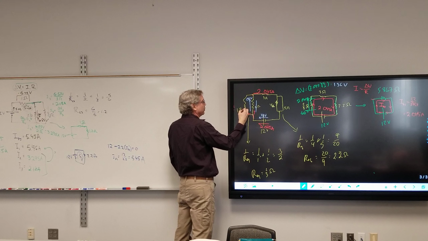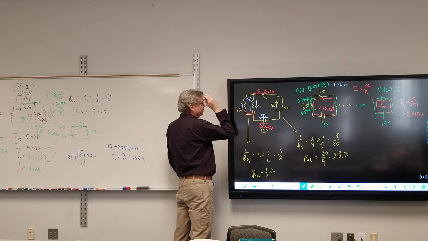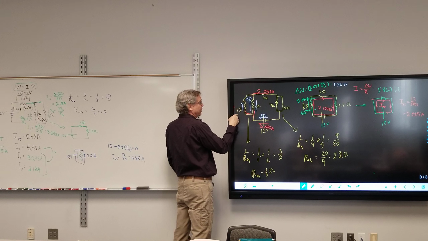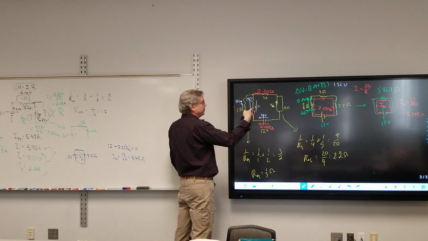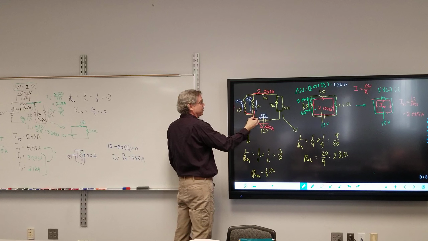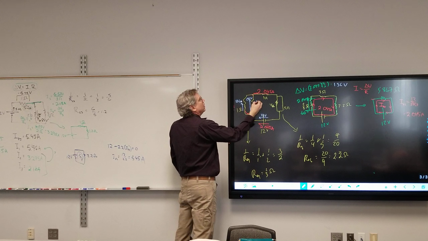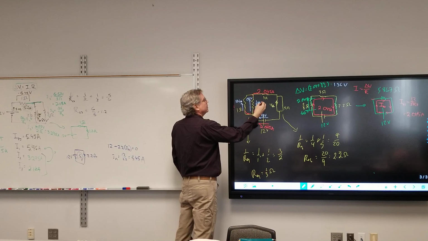And so the current flowing across here would be the voltage divided by resistance, as Luis said, and this one I'll do, that's 1.36 amperes. And this one, 1.36 divided by 2, 0.68 amperes.